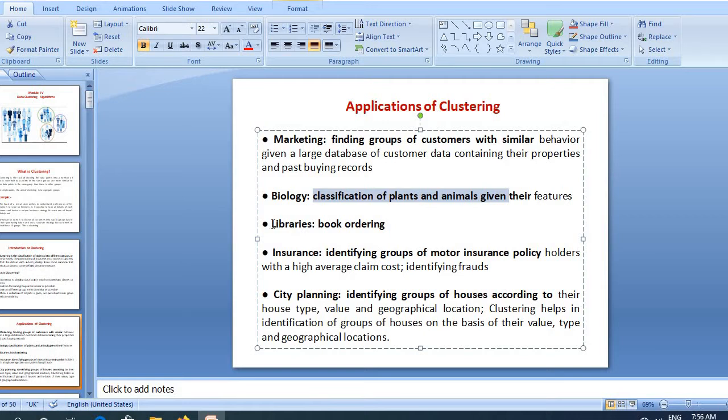It can be used for book ordering in libraries. It can be used for identifying groups of motor insurance policy holders in the insurance industry. And it can be used for city planning, for categorizing houses based on house type, geographical locations, and so on.